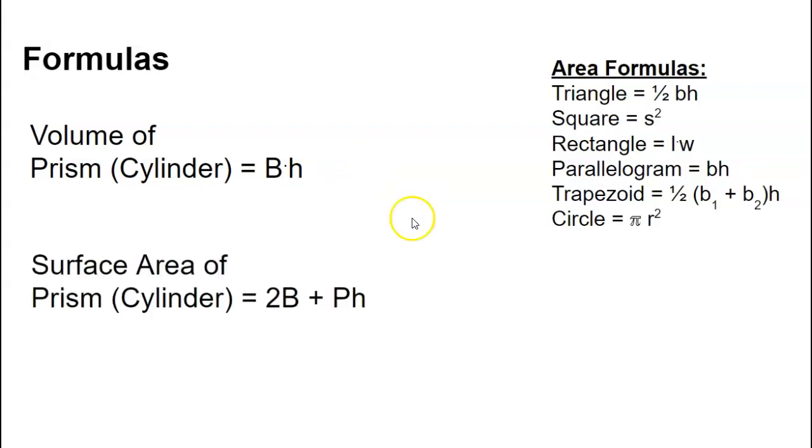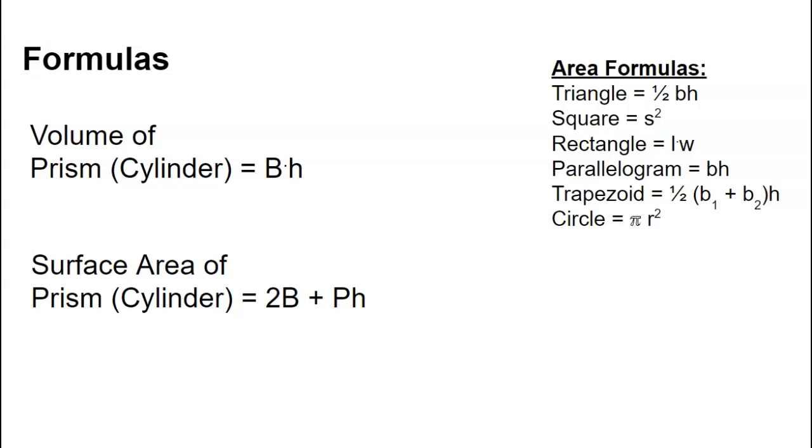Surface area, if you think about volume as how much space is in a three-dimensional shape, surface area is the two-dimensional part of that 3D shape. Many people like to think of a three-dimensional shape squished out, or if you tear it apart and lay it flat, that's called a net, and it's the surface area of the net.